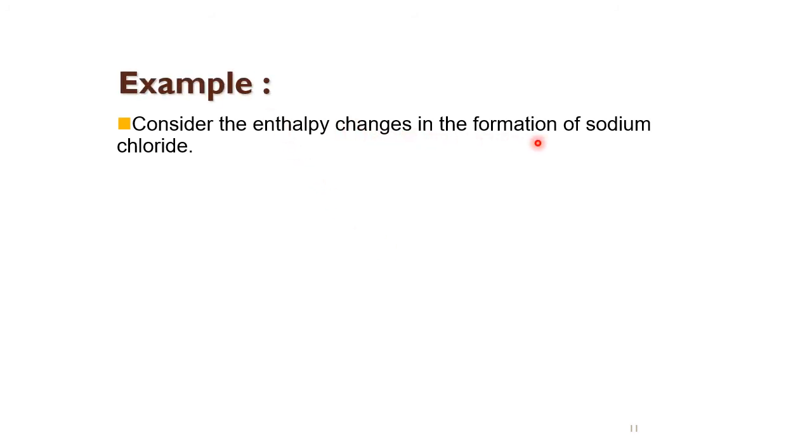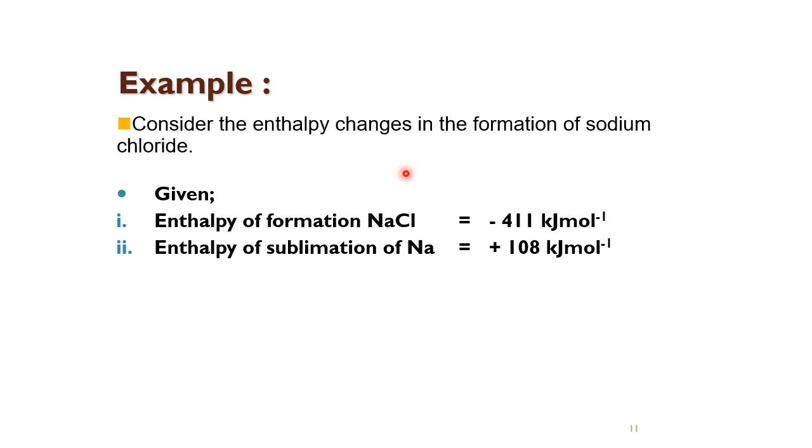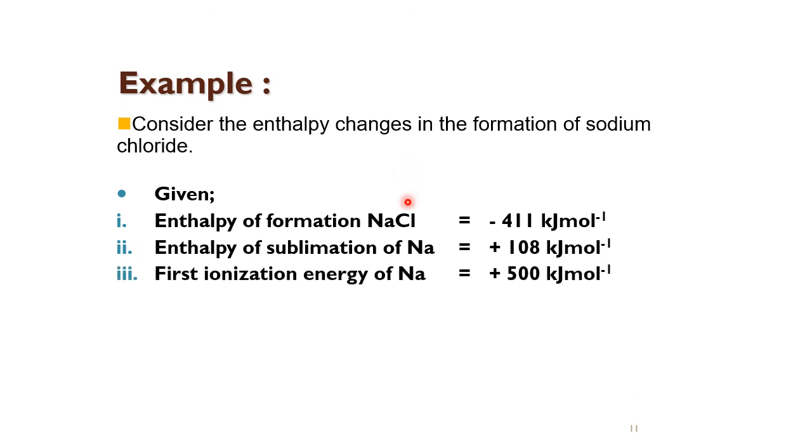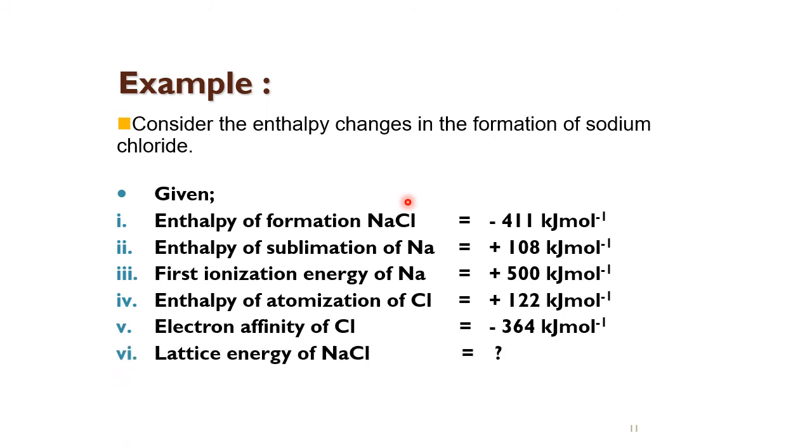This is the first example for the energy level diagram. Information given: formation, sublimation, ionization, atomization, electron affinity, and lattice energy. You need to find the lattice energy. Actually, sublimation is like atomization as well, because the solid changes to gas.